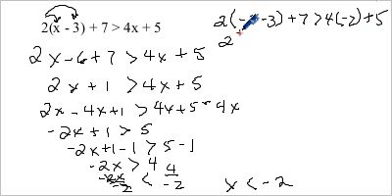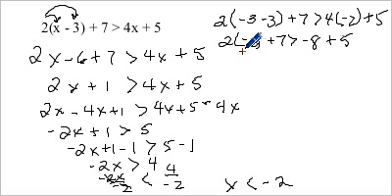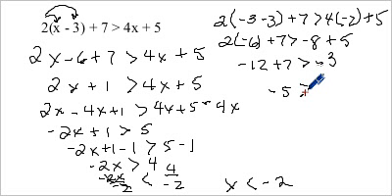So 2 times negative 3 minus 3 is going to be negative 6, plus 7 is greater than 4 times negative 2 is negative 8, plus 5. 2 times negative 6 is negative 12, plus 7 is greater than negative 8 plus 5 is negative 3. Negative 12 plus 7 is negative 5, which is greater than negative 3, and that is true.